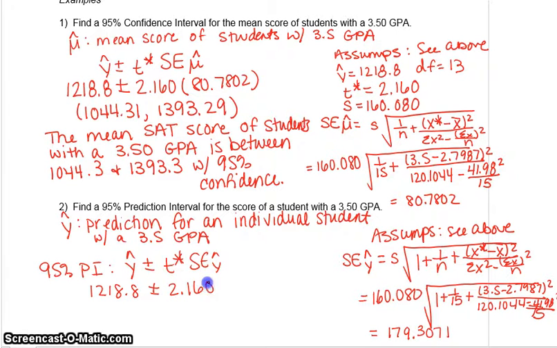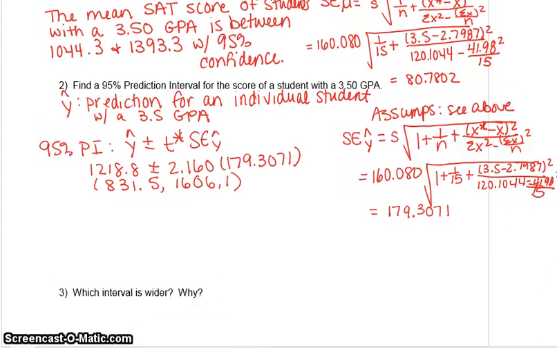So 2.160 times our standard error, which is 179.3071. So the interval ends up being 831.5 to 1,606.1, which I think is at one point impossible on the SAT.